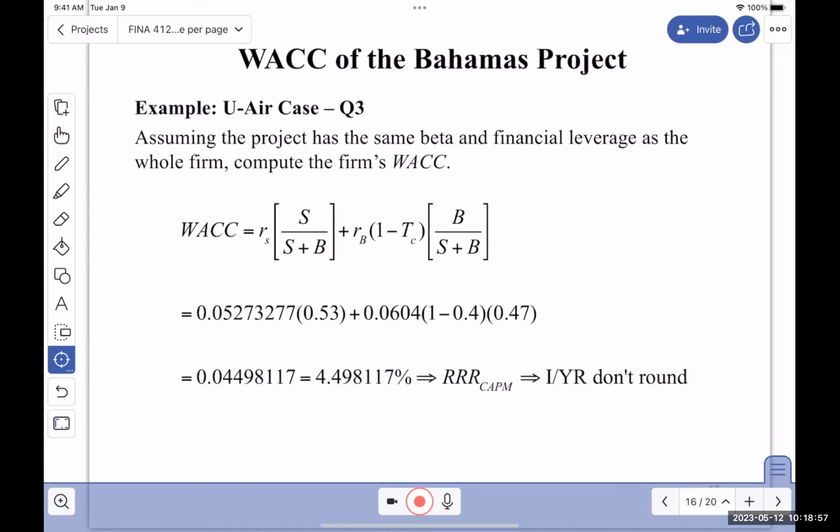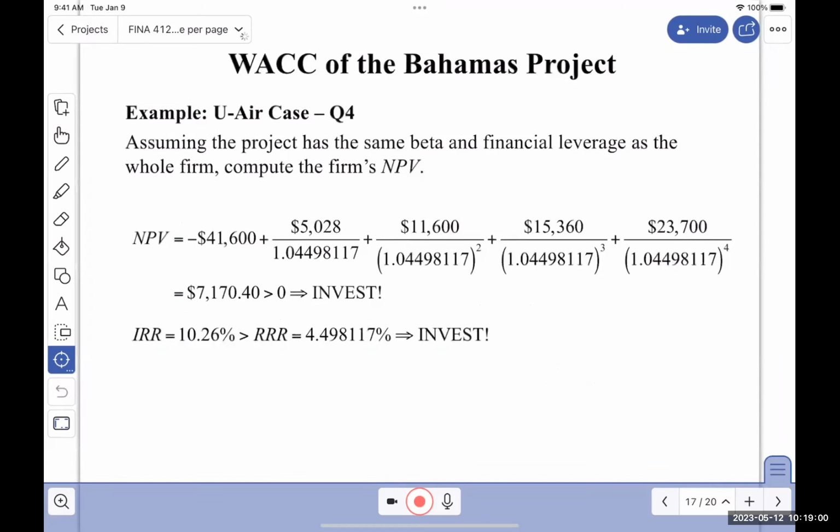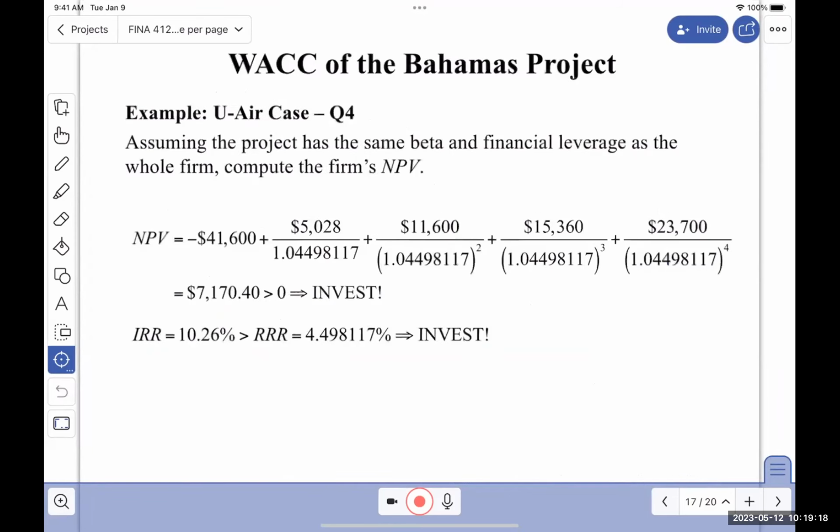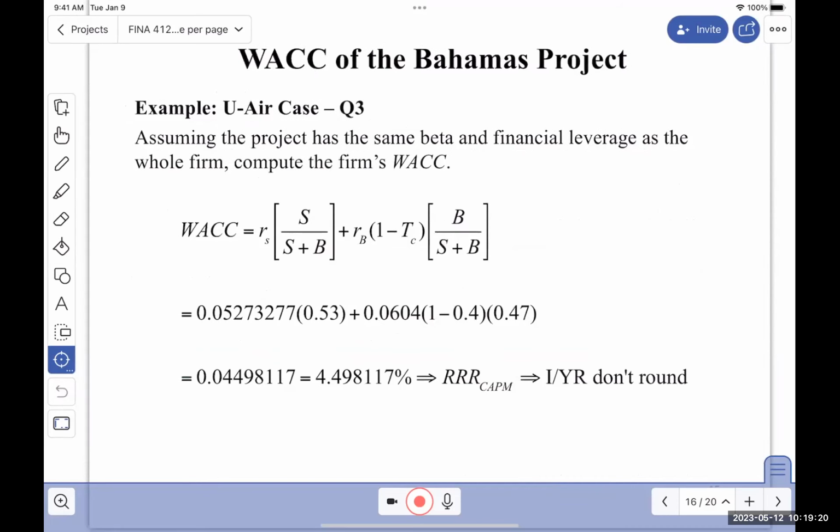All right, so then I recalculate the NPV, which we already know is going to tell us still to invest in the Bahamas project because the internal rate of return didn't change. It's the same values from the cash flow projections. So we still invest.